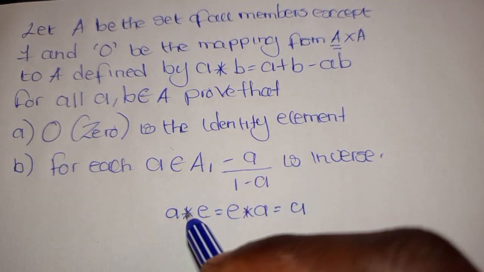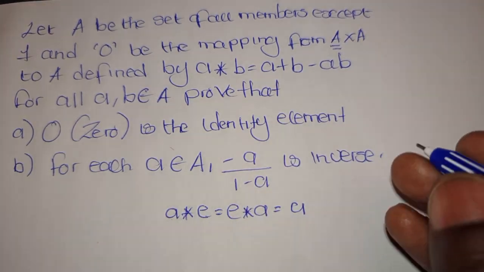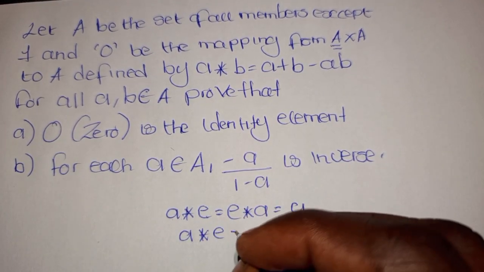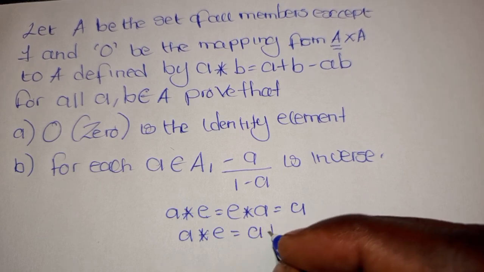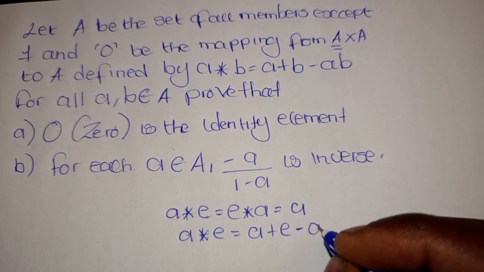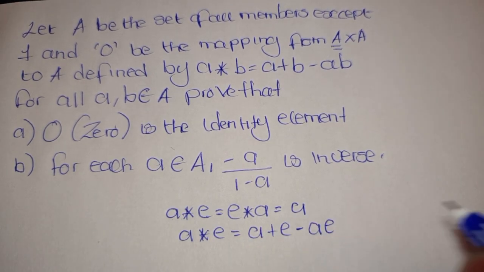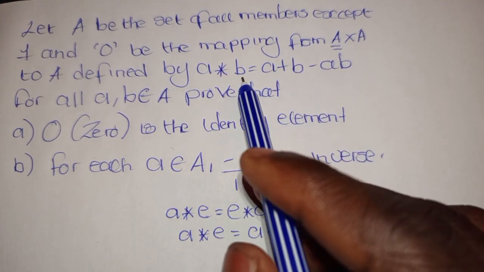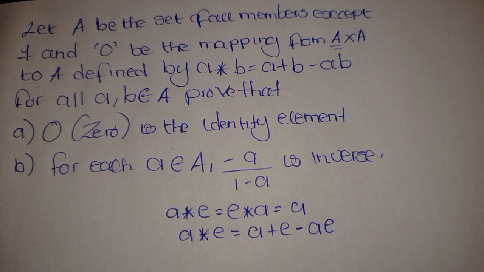So we just replace what we have in our original expression. So you have A star E, which is equal to A plus E minus AE. So this is what you have as your expression when you replace in that original expression over there.